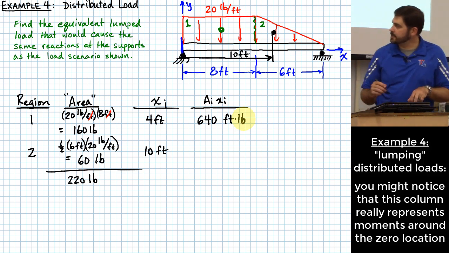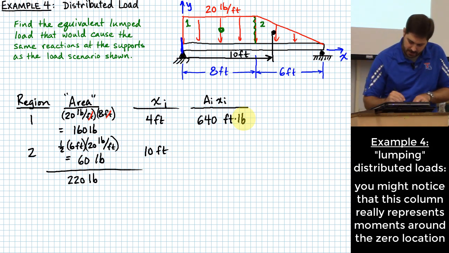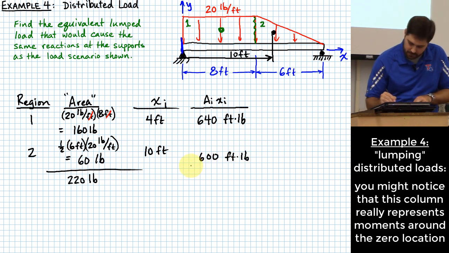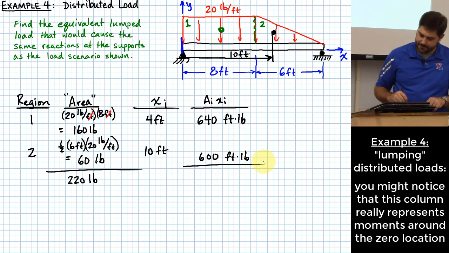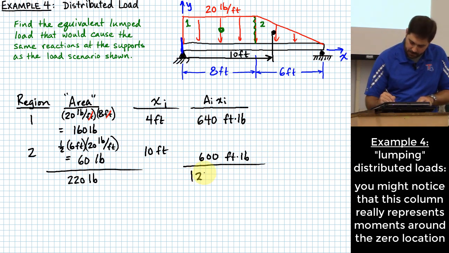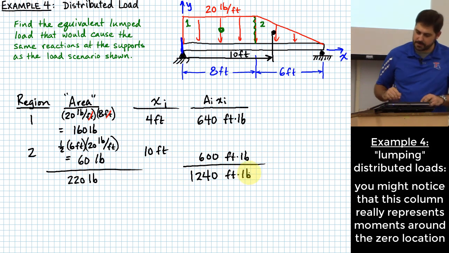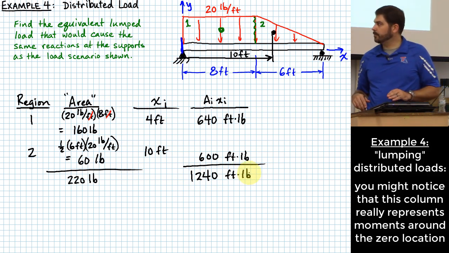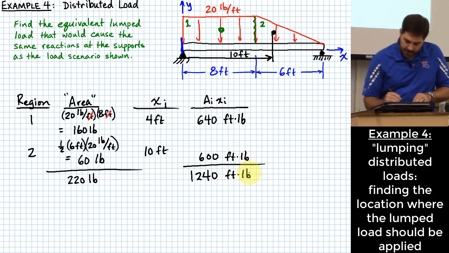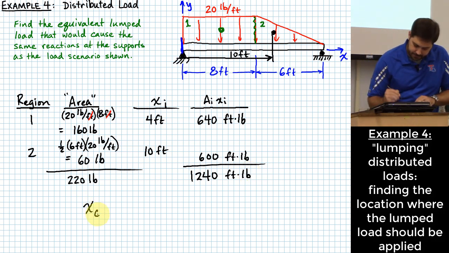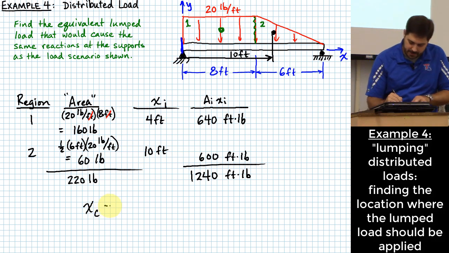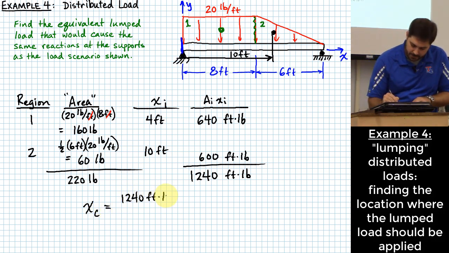And in the next one, I'll take 10 feet times 60 pounds, which will be 600 foot-pounds. When I add these up, I'll end up with 1240 foot-pounds. Okay. And when I come up with a centroid for this, it's based on 1,240 foot-pounds over 220 pounds.